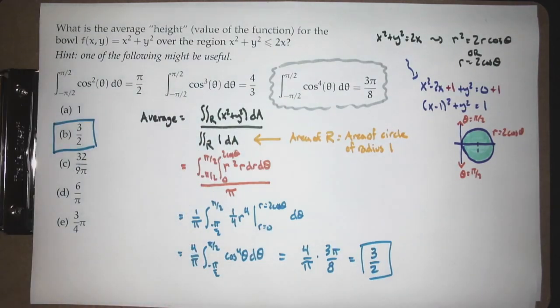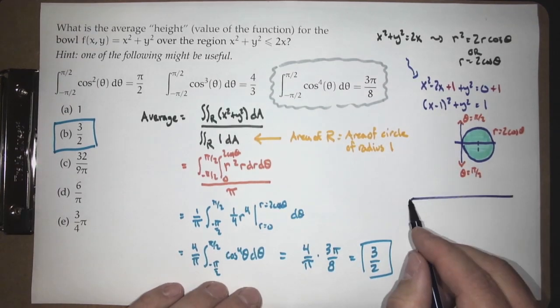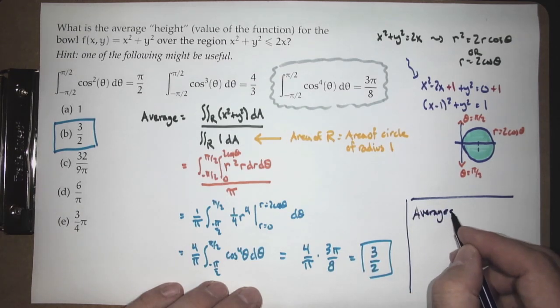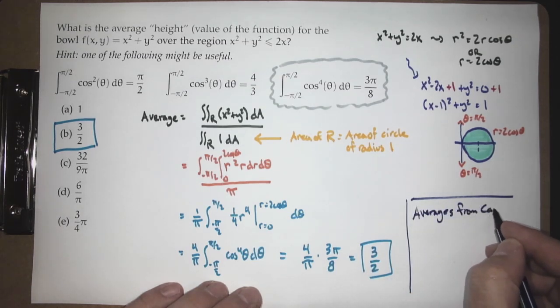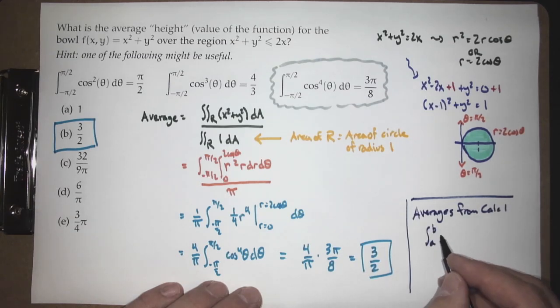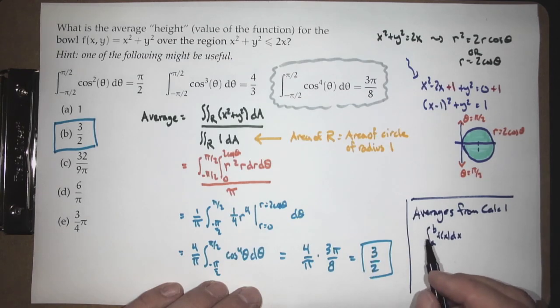So if you put back your Calc 1 hat, do you remember how to do averages from Calc 1? It was the integral from a to b of f of x, but then there was something else. Right, 1 over b minus a.